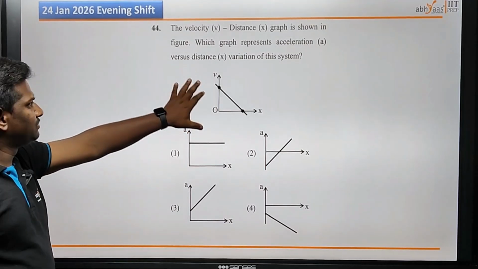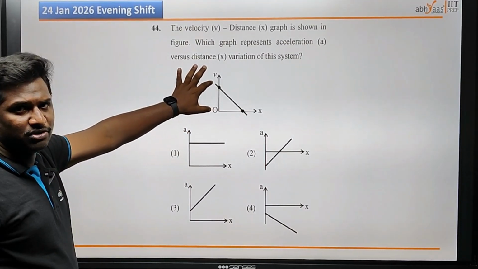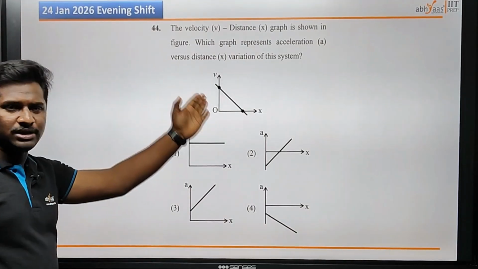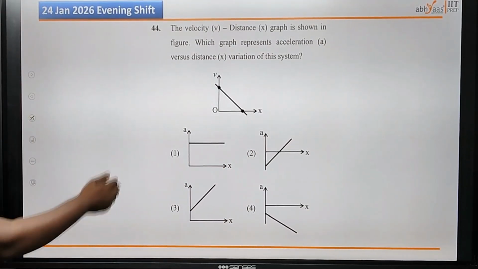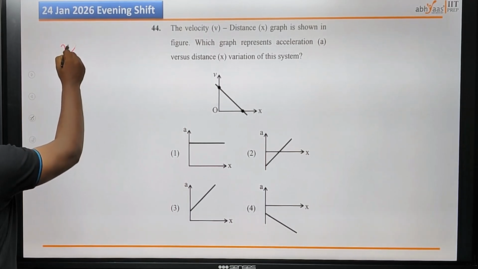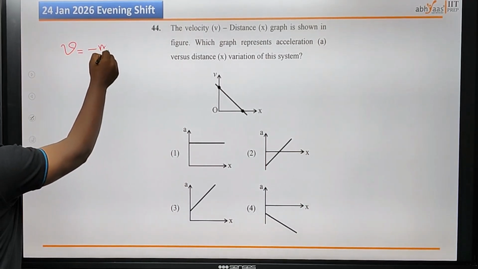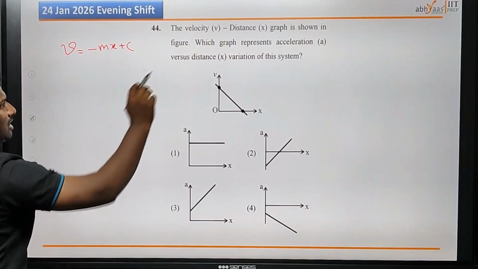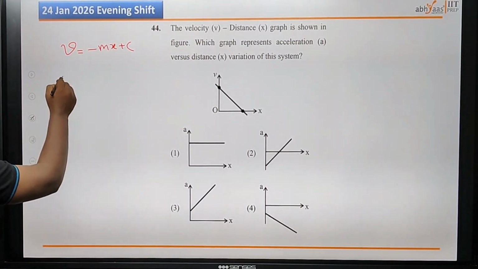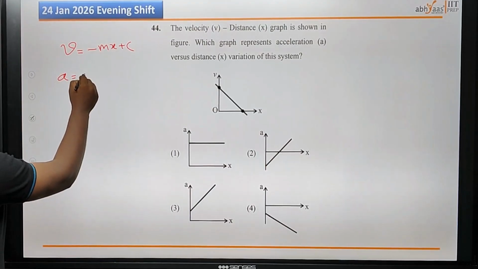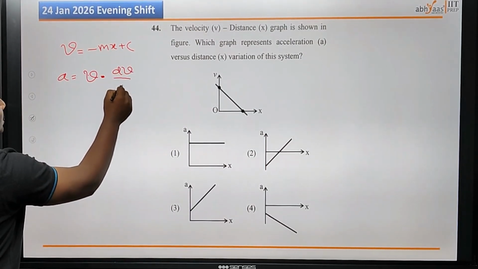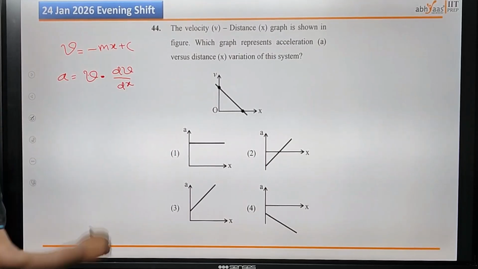So observe here. We have a constant value, but it is a negative slope. So what is the value? Velocity can be written as v equal to minus mx plus c from this graph. What is the acceleration in terms of velocity? Acceleration can be written as v into dv by dx.